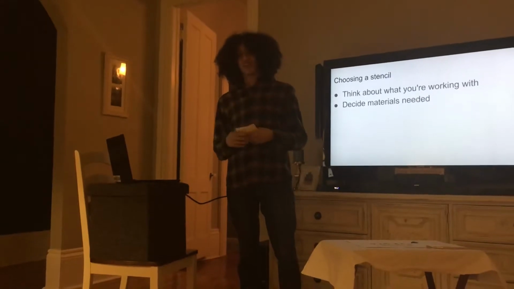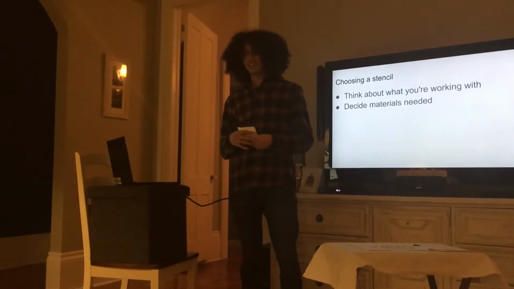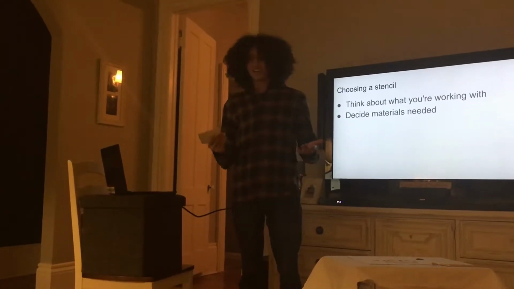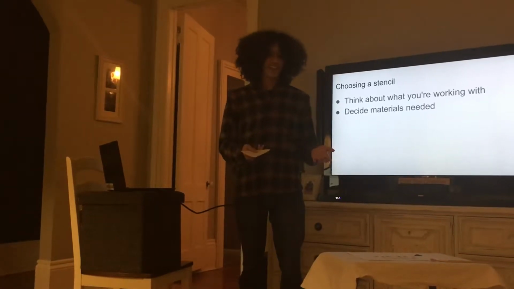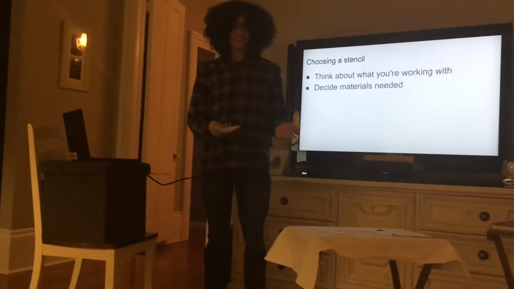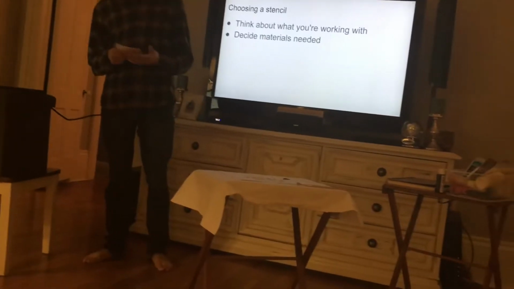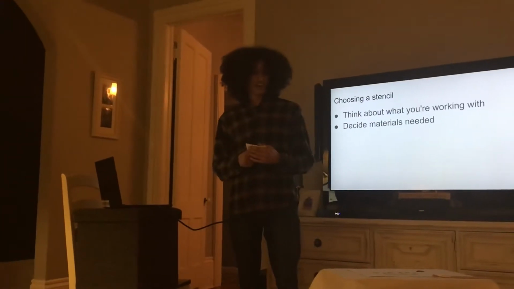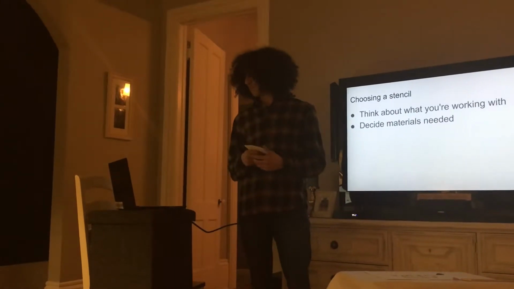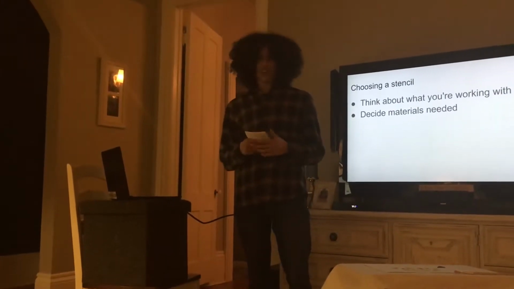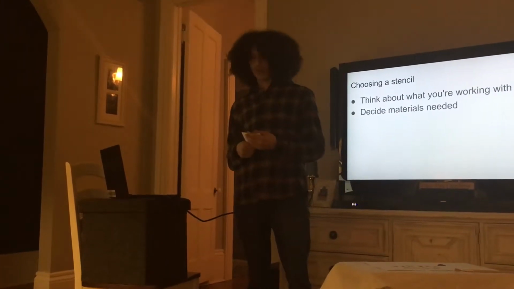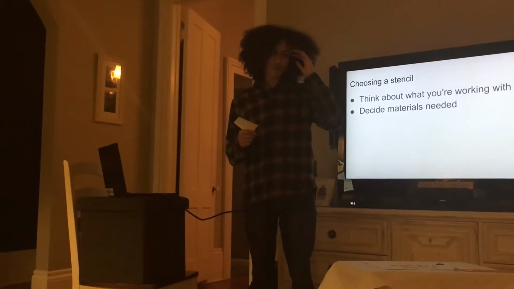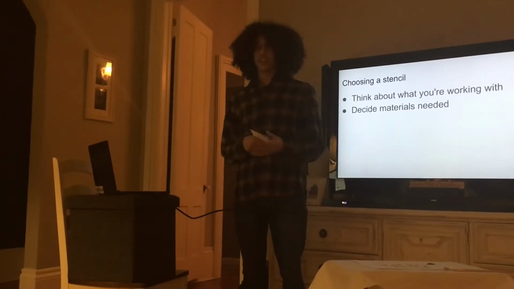So the first step to creating a stencil is choosing a stencil. For today, I decided I'm going to be stenciling onto a pillowcase. So in the spirit of dreaming, I decided to make a stencil about my dream car, Ford Fiesta. And when you're choosing what stencil you're going to make, it's important to keep in mind what you're working with.